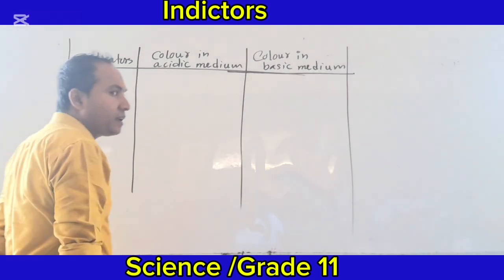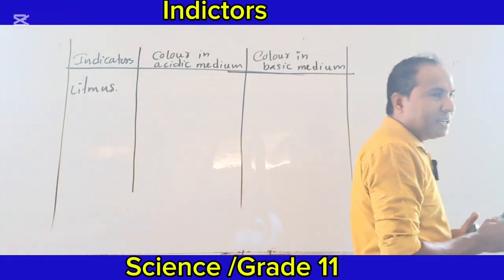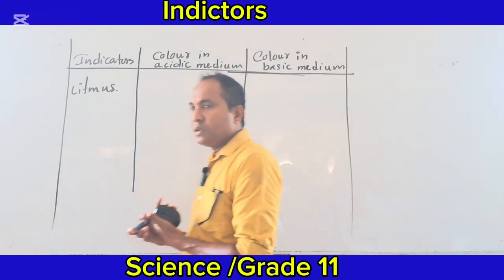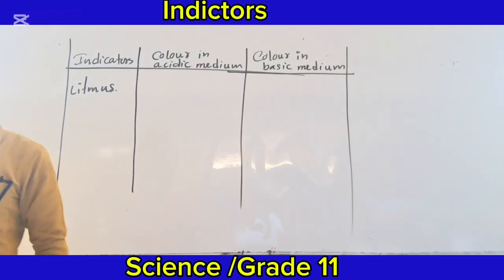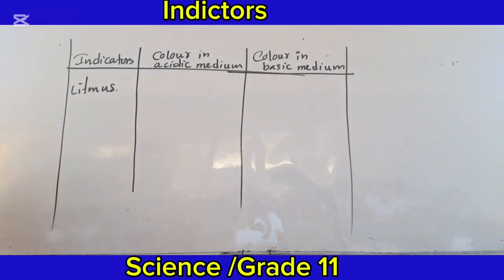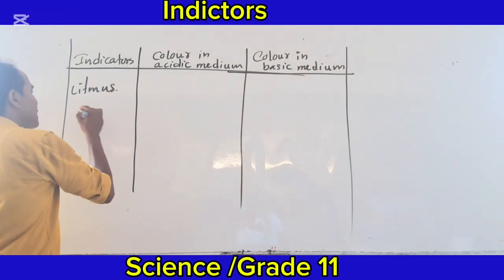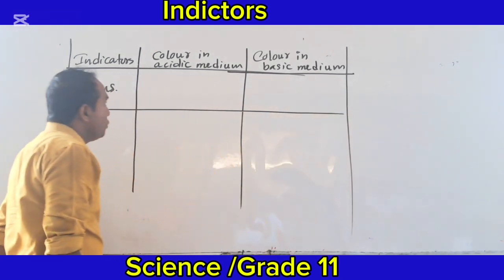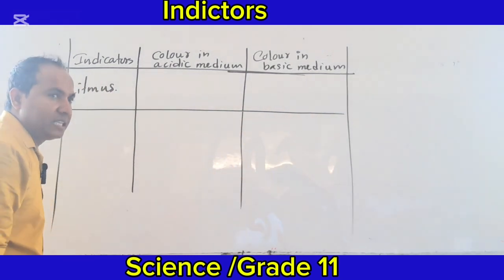Litmus mainly has two types. Tell me, what are the two types of litmus as you learned in grade 7? Red litmus and blue litmus are the two main types. What is the color of litmus in the acidic medium?